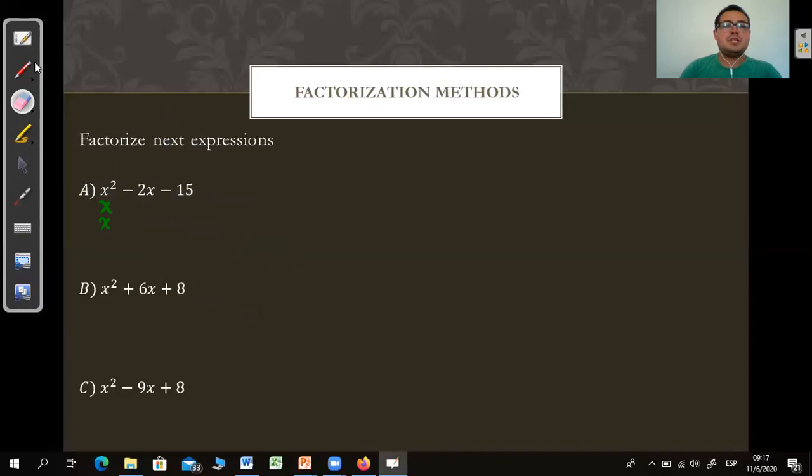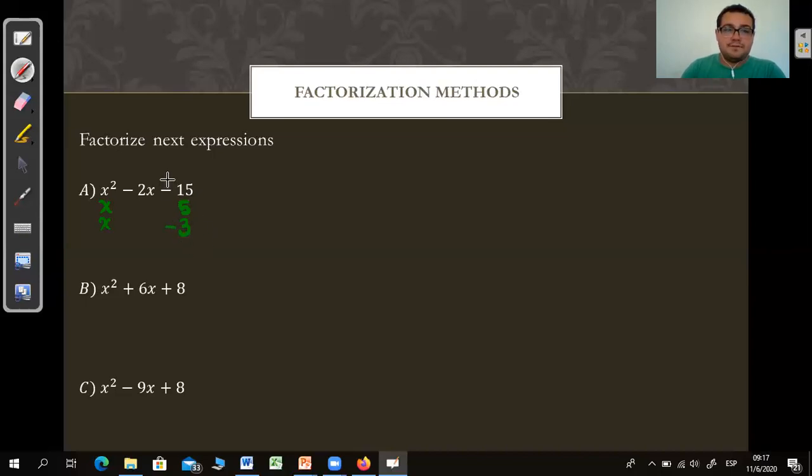Remember, factorization is showing your expression, your polynomial, as the multiplication of other expressions in a simpler way. So moving here, we have another possible combination, which is 5 times 3. And what happens if you decide to have the 3 as a negative number?